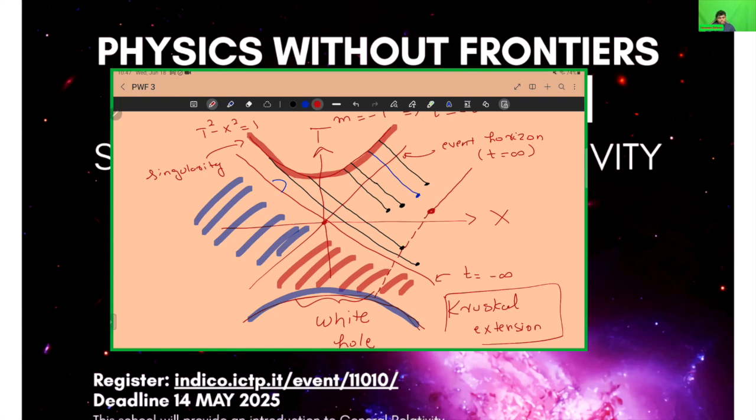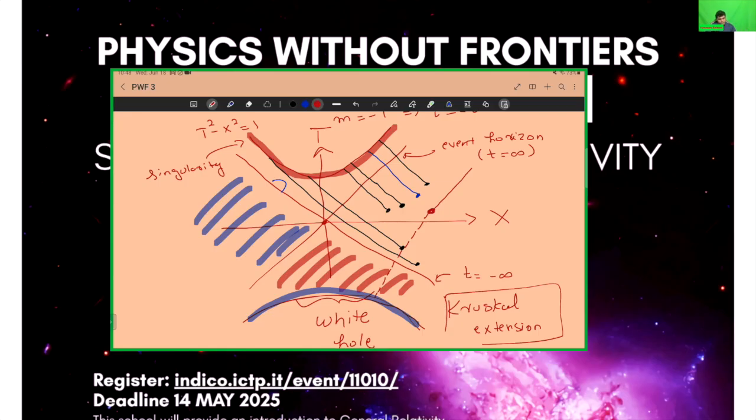And you can see that now this blue thing can be interpreted by saying that it always pushes things out. Unlike the black hole, where if you go inside, you can never come back, for this white hole, if you are inside, you have to go out. You cannot come in, right?